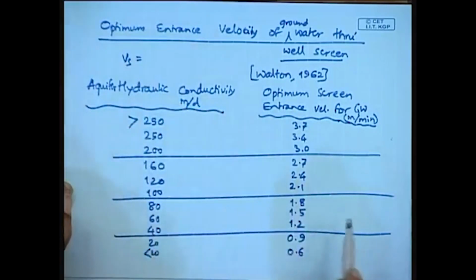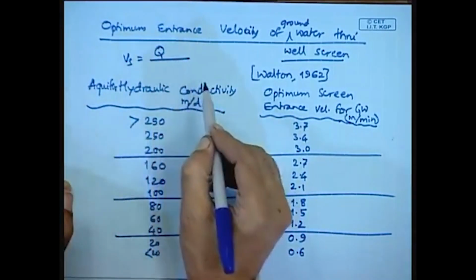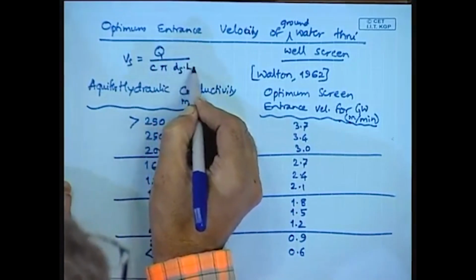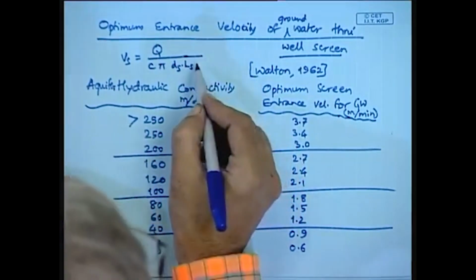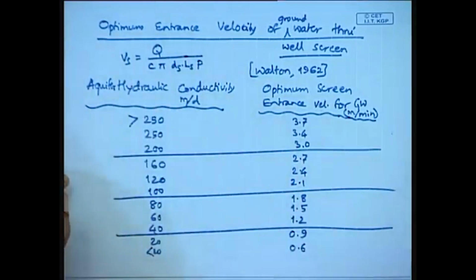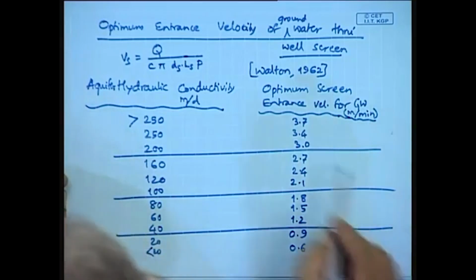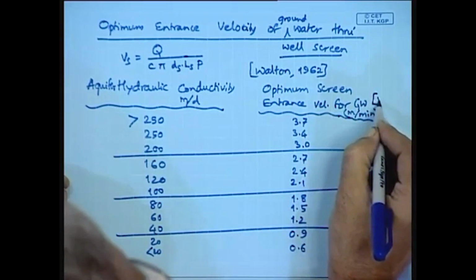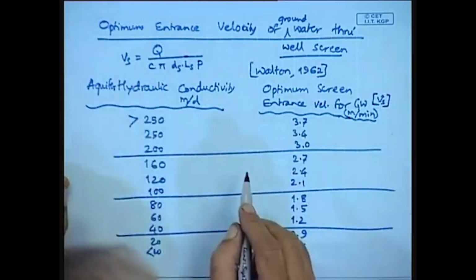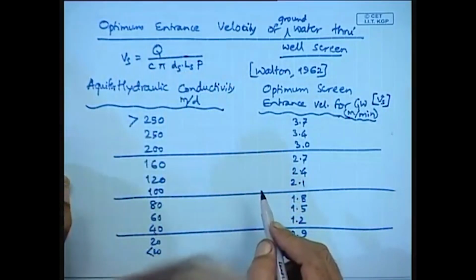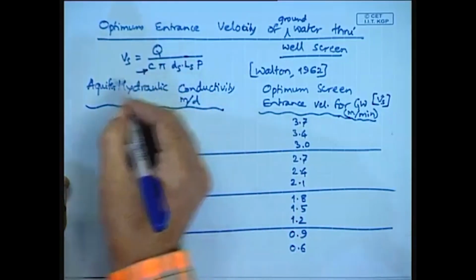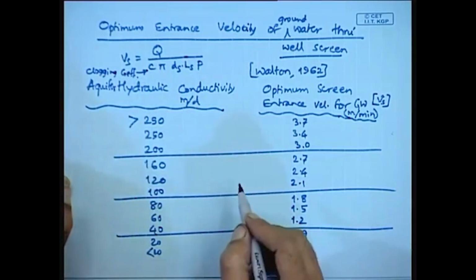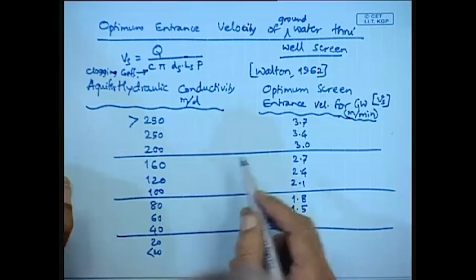This is Vs equal to Q divided by C pi ds Ls multiplied by P. Here Vs is the optimum screen entrance velocity for groundwater, and Q is the well discharge, and C is the clogging coefficient, which is generally 0.5.